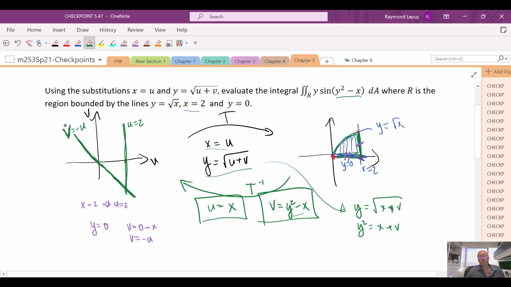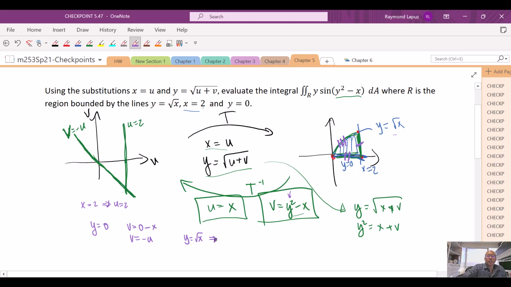All right. Now let's figure out what happens to this curve, and that is the curve y is equal to the square root of x. When y is equal to the square root of x, this looks like it's the term with a y in it, so let's square both sides.